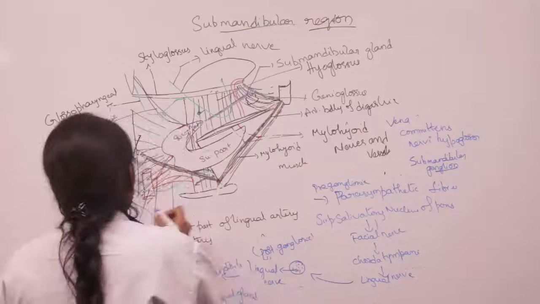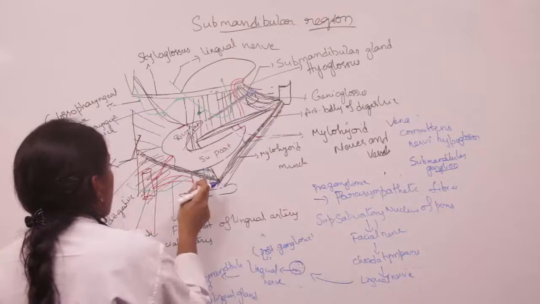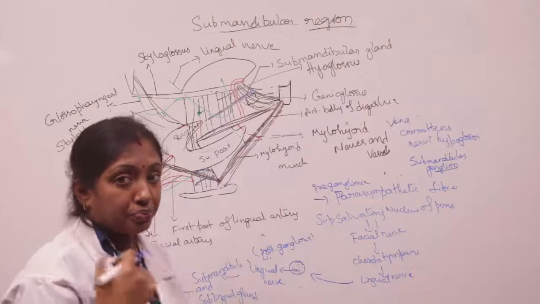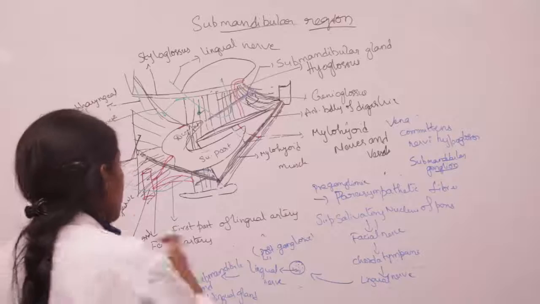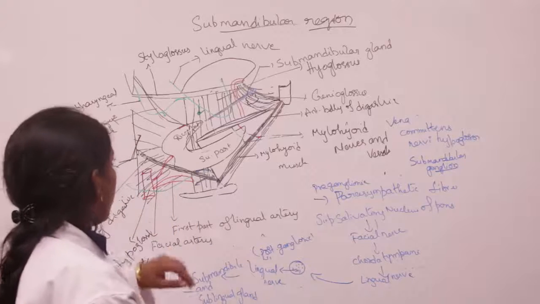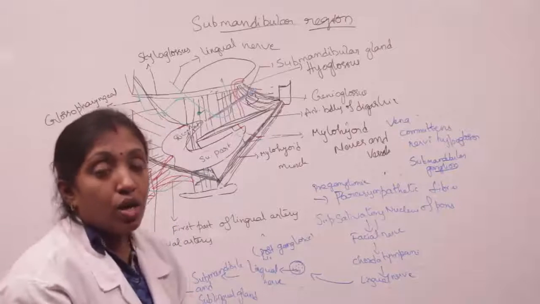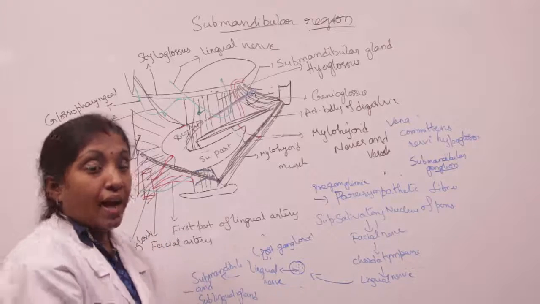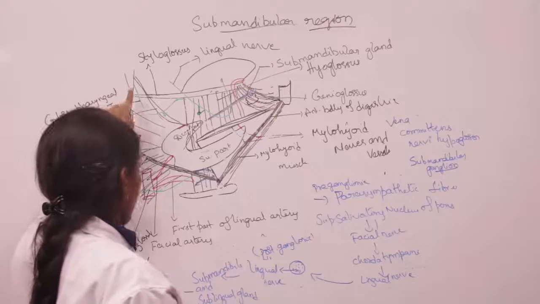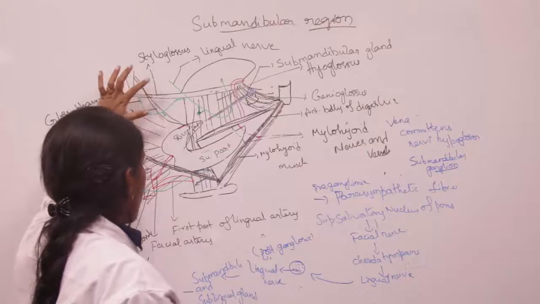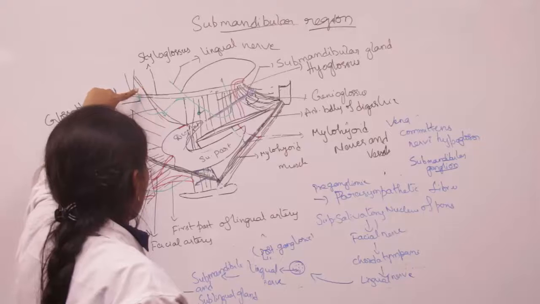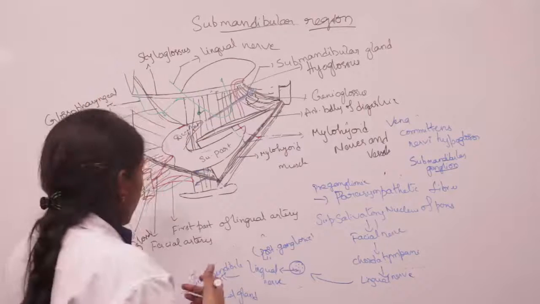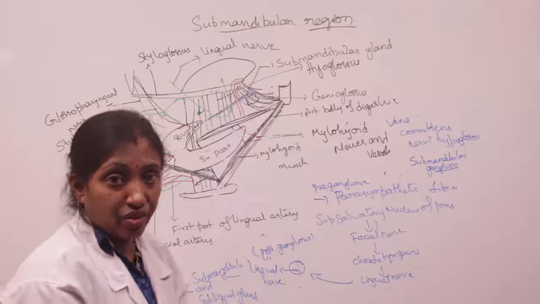And coming to the hypoglossal nerve. The hypoglossal nerve here is accompanied by a pair of veins. We know that the hypoglossal nerve supplies the muscles of the tongue, right? That's about the hypoglossal nerve. And the glossopharyngeal nerve comes out of the jugular foramen, passes downwards and appears in the submandibular region, and further it goes forwards between the superior constrictor and middle constrictor muscles.